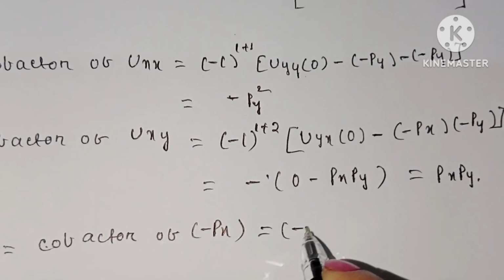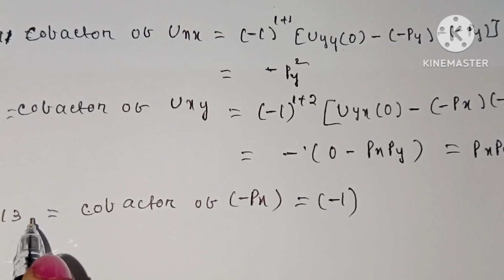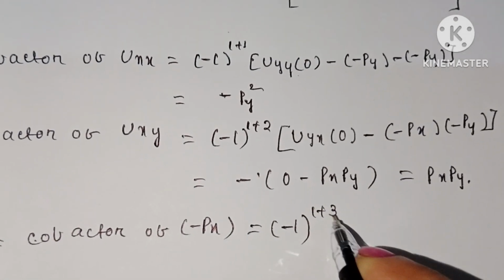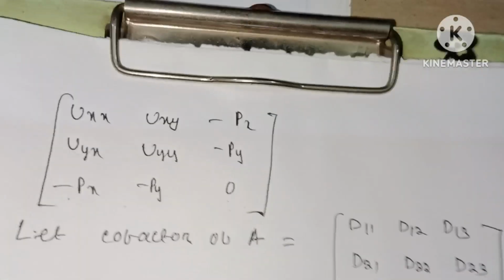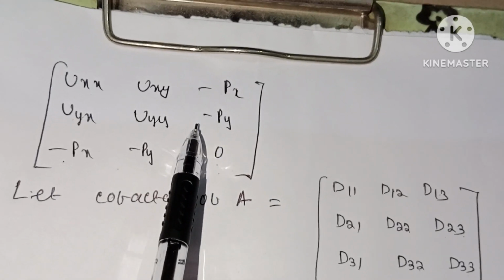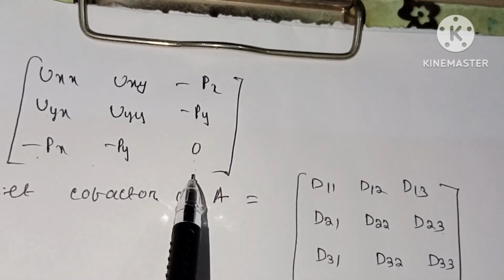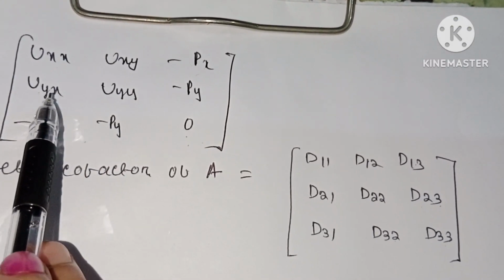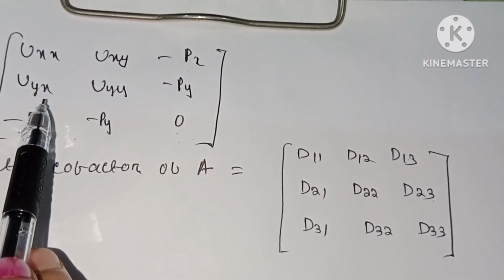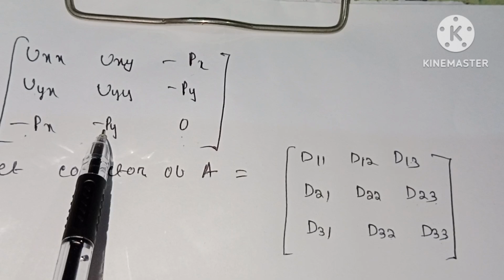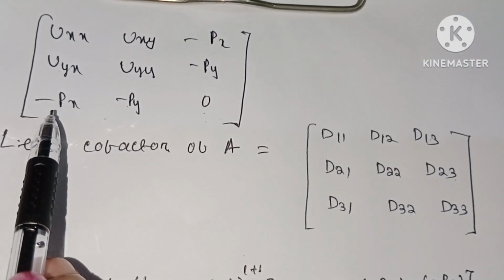So this equals minus 1 to the power 1 plus 3. We are calculating the cofactor of minus px, so this row and this column are deleted, and it is multiplied by uyx into minus py minus px into uyy.